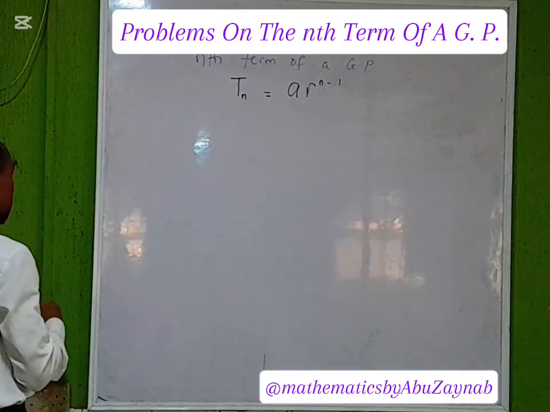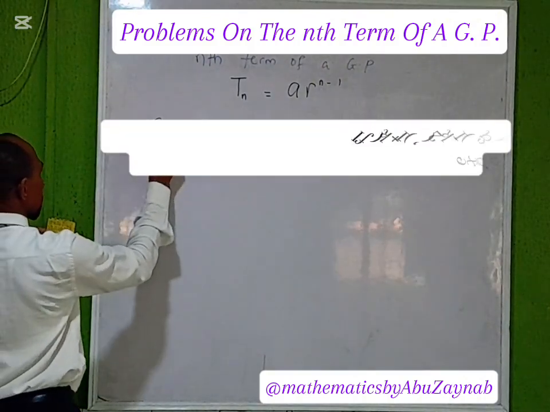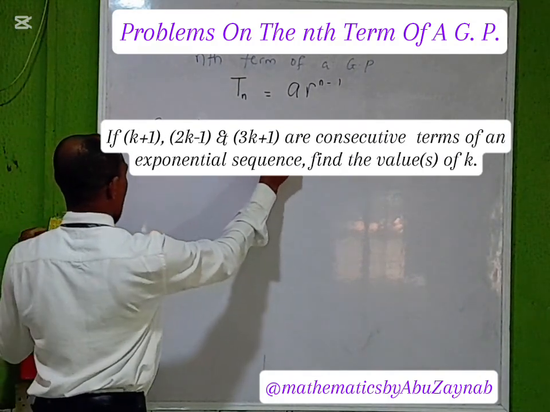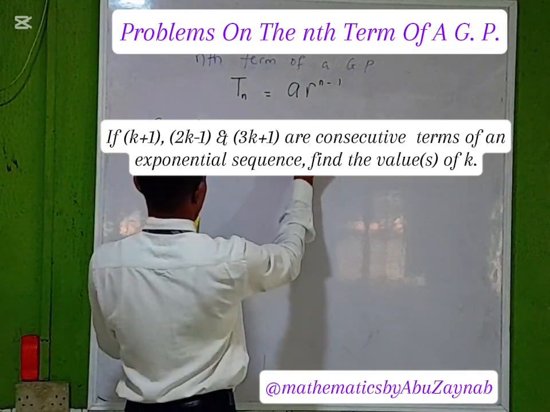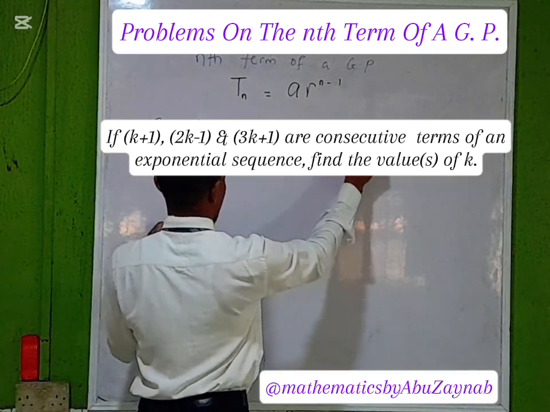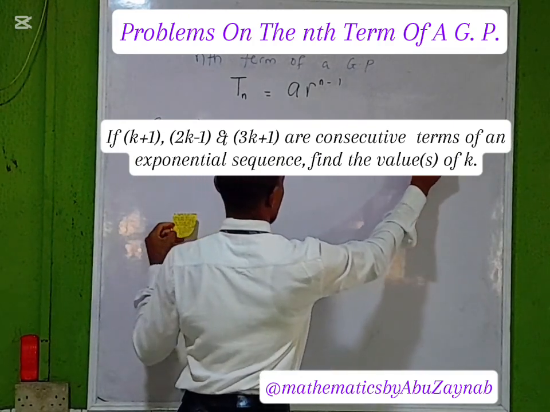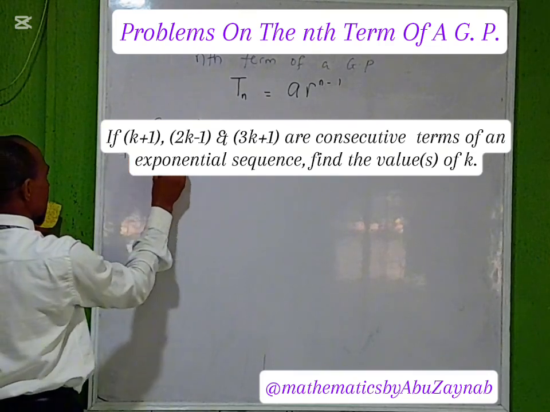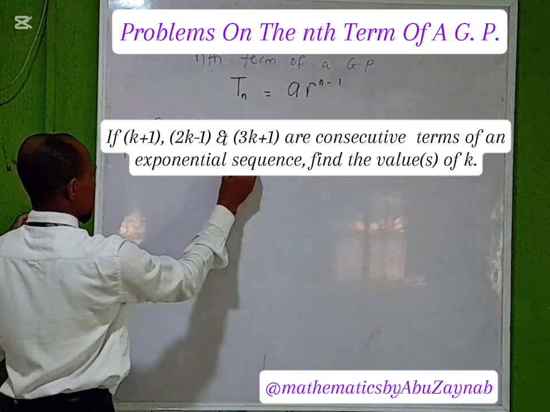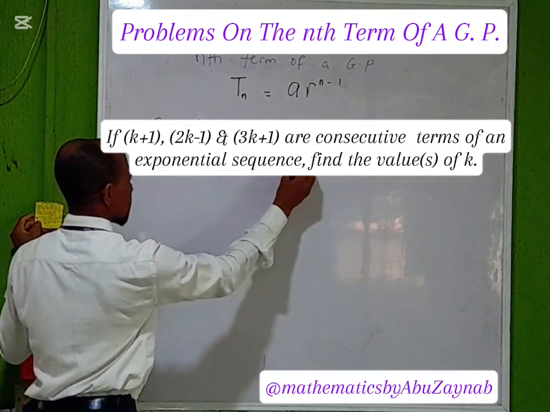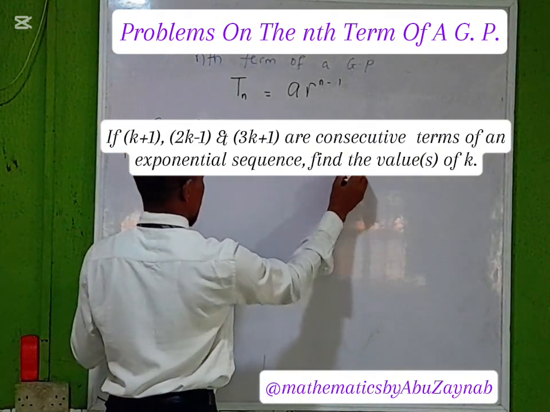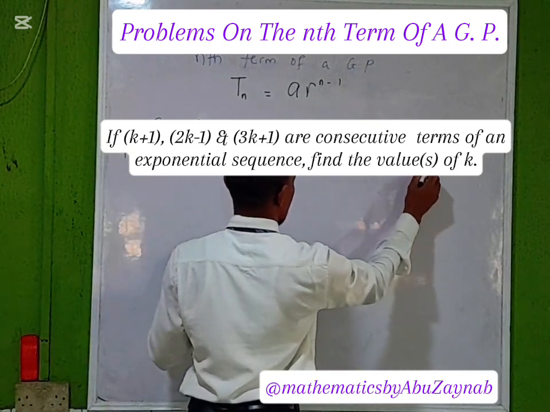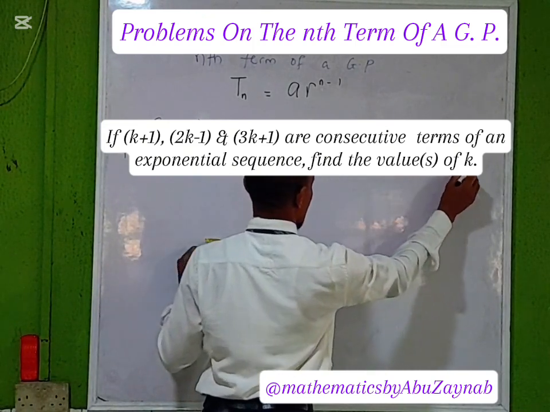The question goes thus: if k plus 1, 2k minus 1, and 3k plus 1 are consecutive terms of an exponential sequence, find the value or values of k.